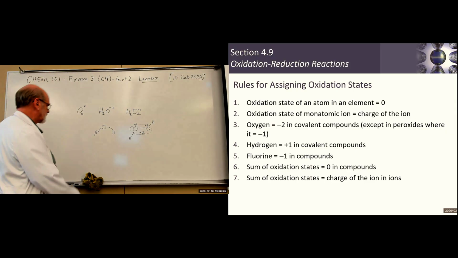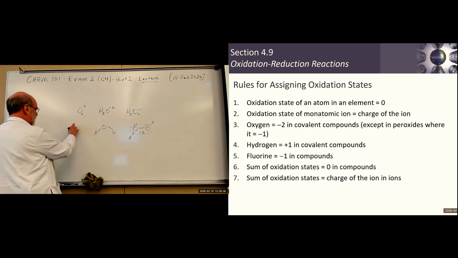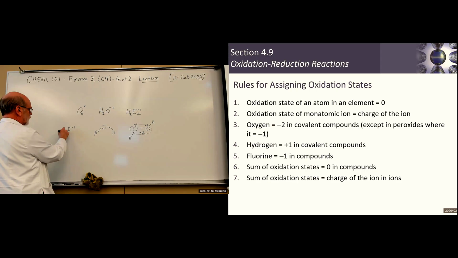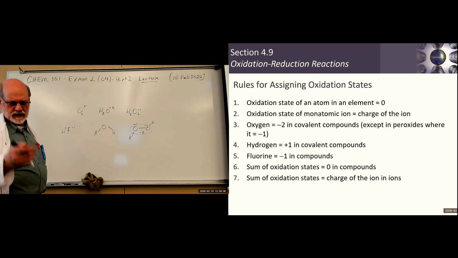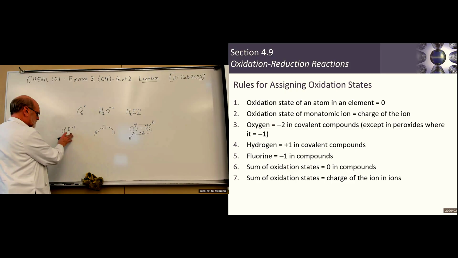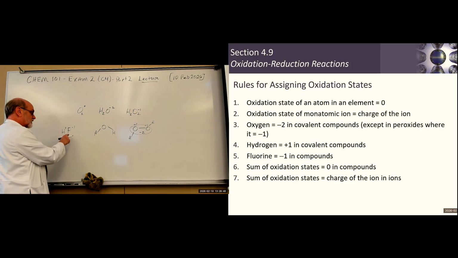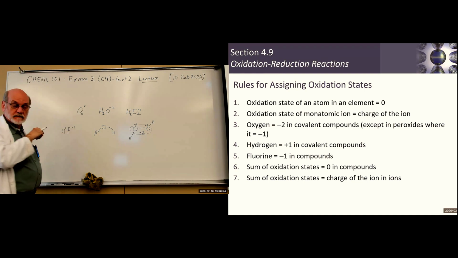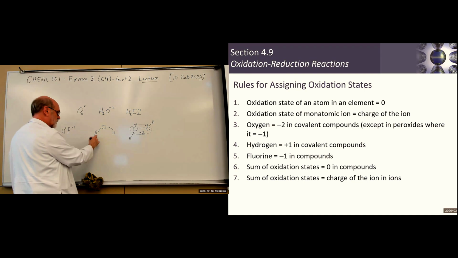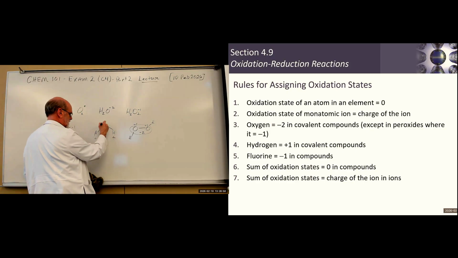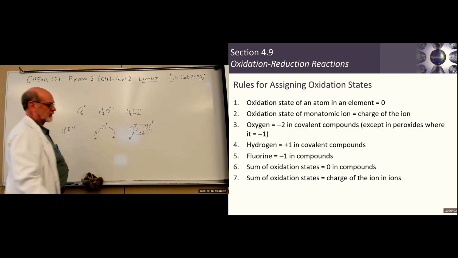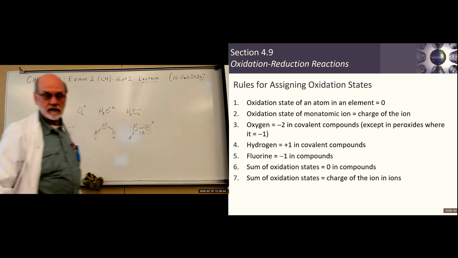Let's see, fluorine is always a -1 in a compound, like hydrogen fluoride. And hydrogens are nearly always +1. I think we left that one out. Hydrogens +1. If it's combined with a non-metal, hydrogen is going to be a +1. Here's a +1, here's a +1, +1. And here's a -2. Is it in there?